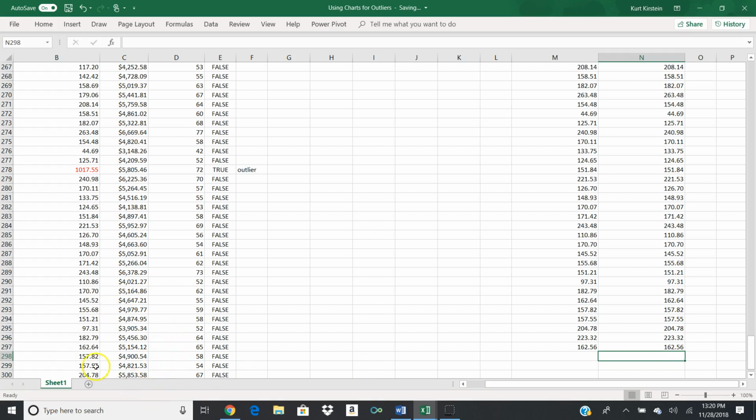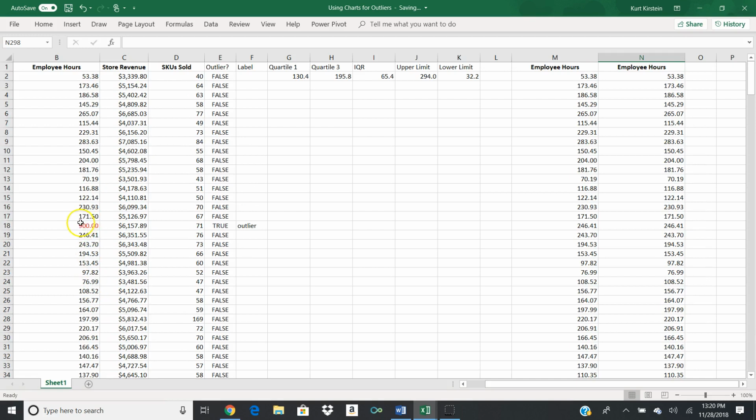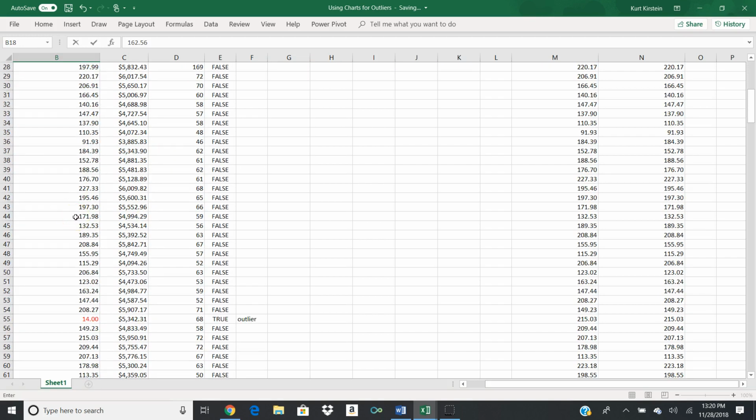So I'm going to go back to my B column. I'm going to find those outliers. I'm going to replace them. 162.56. I don't care if they're red anymore. They could be red, they could be black, whatever.